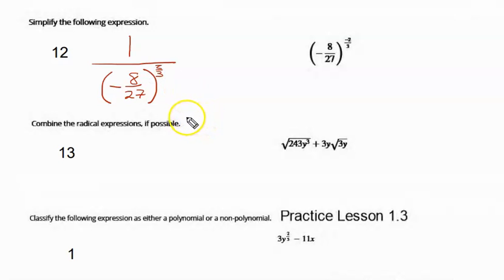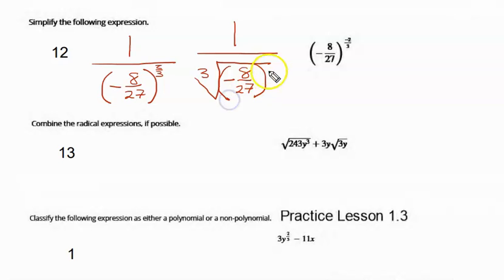Okay, now I will convert this denominator to its radical form. So this then becomes the 3rd root of a negative 8/27. And this whole thing then is going to be to the 2nd power.